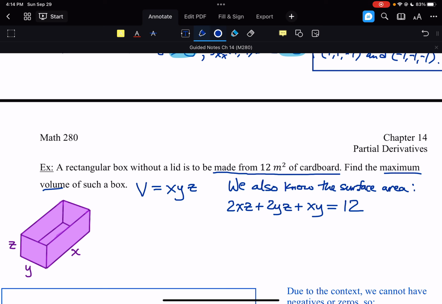So if we want to employ our second derivatives test, and be able to actually determine max or min, we need to rewrite this in such a way that we can get rid of the z. We want to go ahead and just leave it in terms of x and y, or vice versa. You just get rid of one of the variables. So what we can do here is algebraically manipulate this a little bit so that I can get to the z. So I would subtract that over, factor out the z, and divide.